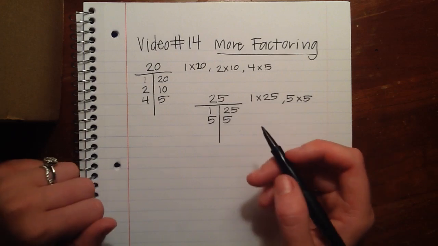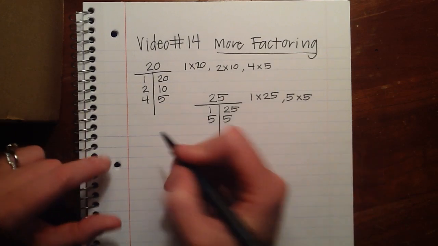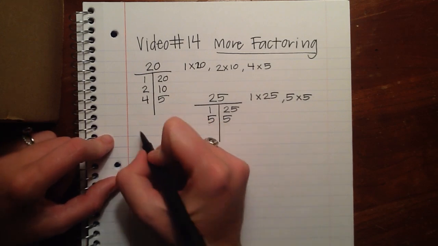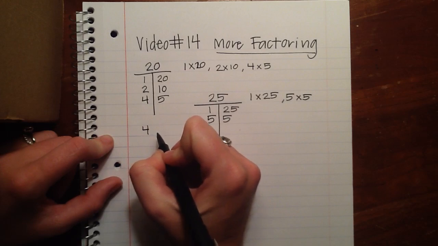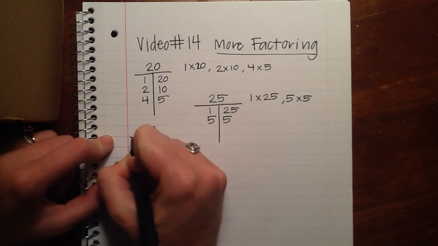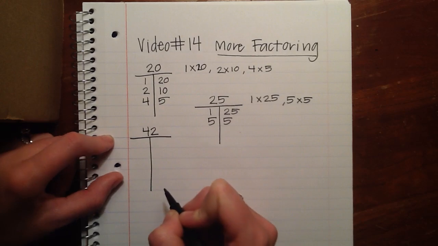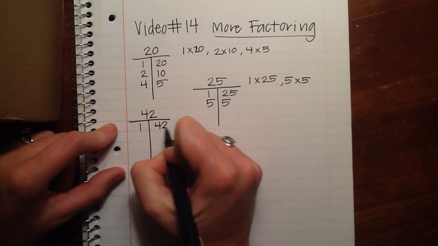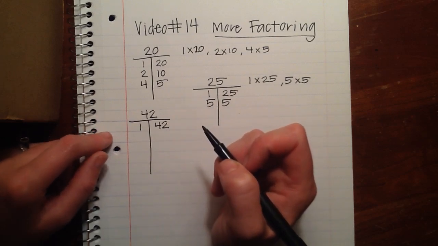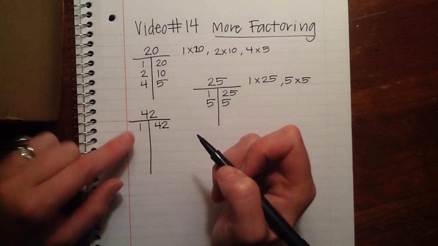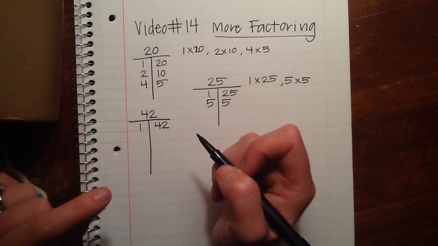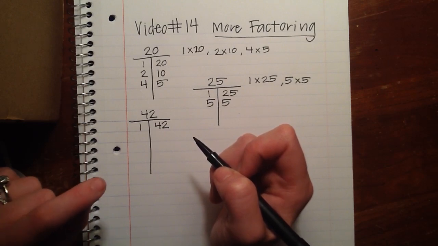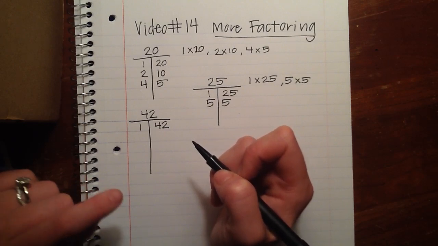Let's do one more. Let's say 49. No, I don't want to do 49. 42. Automatically 1 times 42. 2 times something? Well, because it's an even number, because it ends in a 2, remember even numbers are 0, 2, 4, 6, 8, and then it starts back over at 10, 12, 14, 16, 18, 20, and it continues.